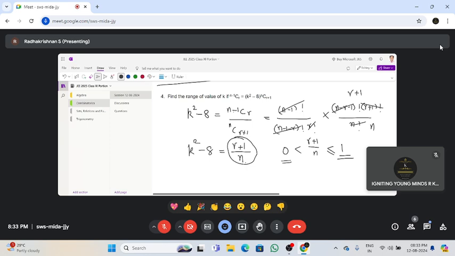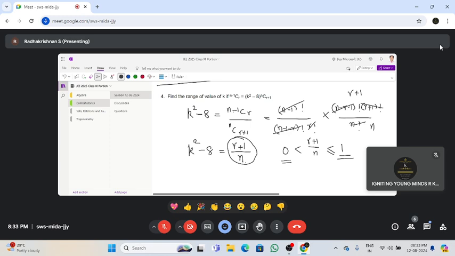And how can we try to see values for r and n? They are not given any condition for n and r. What can be the values of n and r? So therefore, since r will be less than n, for r plus 1 by n, the maximum value it can take is up to 1. But 1 is included, and 0 is not included.